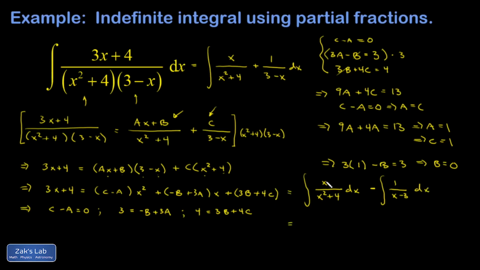Now the first integral, if I put a 2 in the numerator, 2x is just the derivative of the denominator there. So I'm ready to do the chain rule backwards, and I get 1/2 natural log x squared plus 4. Notice that I don't have absolute value bars there because x squared plus 4 is always positive. And then my second piece is going to be a natural log absolute value x minus 3. And then I have to tack on my arbitrary constant plus c.